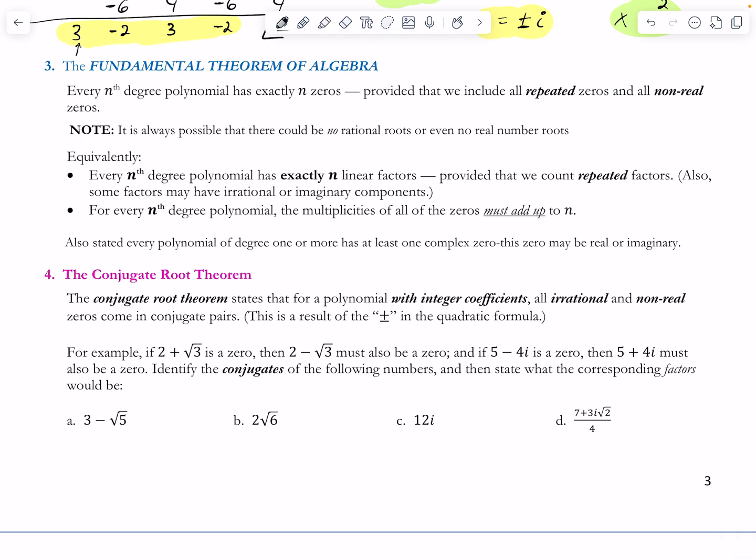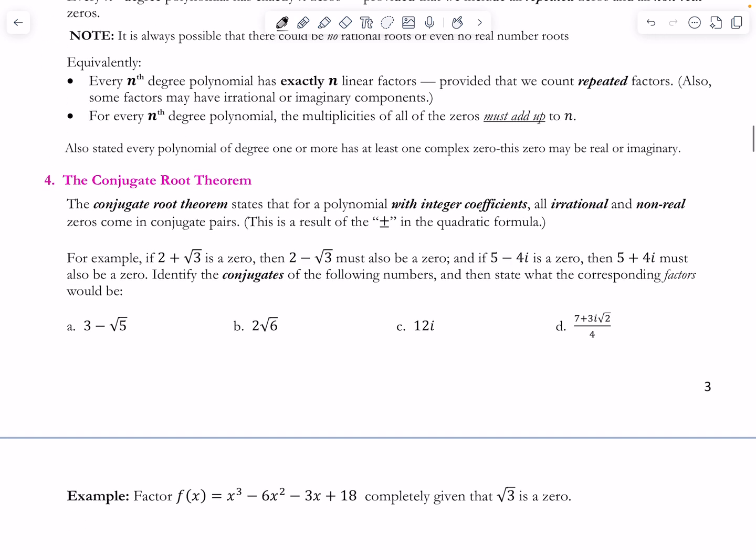Now the conjugate root theorem, I did touch briefly on this a couple lessons ago, but here it is formally. Essentially, anytime you have an irrational or non-real zero, they come in a pair. So you just change the sign in front of it, like we did when we did complex numbers and operations of those with quadratics. That'll hopefully come back to you. So for this first one in part A, 3 minus square root of 5, you also have 3 plus the square root of 5.